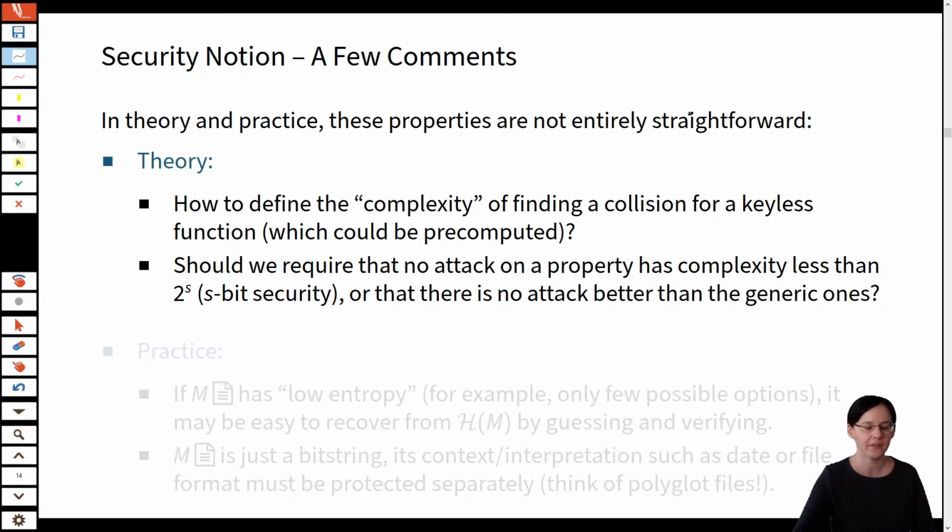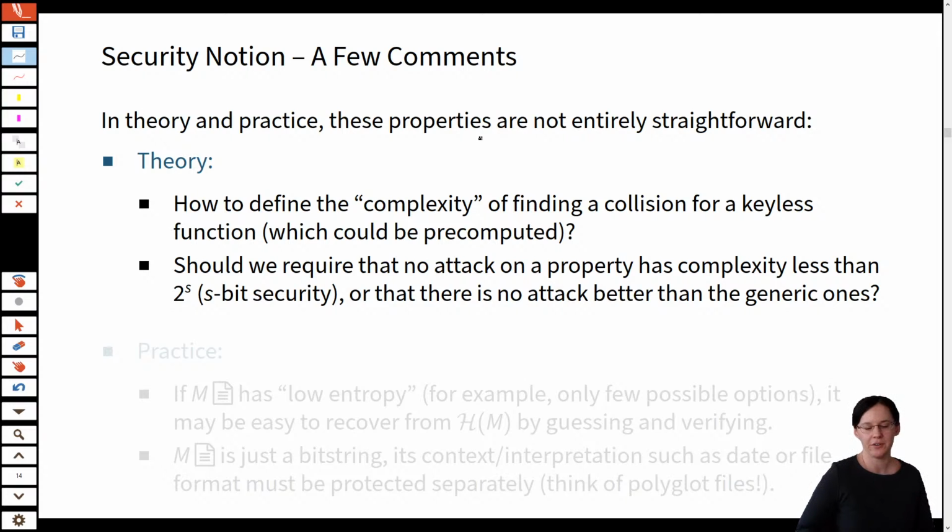However, classically, we usually require something different. Namely, we require that none of the attacks should be better than the generic attacks. So what this would mean in the hash function case is that for a specific cipher, it's, for example, acceptable if a collision attack costs 2 to the 128, a dedicated one, but it would not be acceptable if a preimage attack costs only 2 to the 160, because this is less than 2 to the 256, which would correspond to the output size of 256 bits.